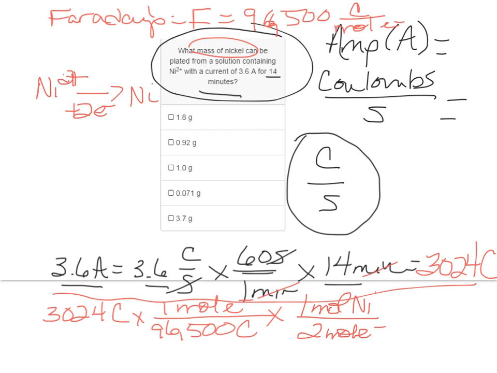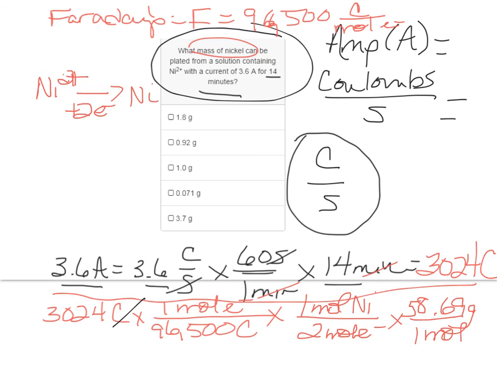All right, and so at this point, if you calculated, you would have moles of nickel, but we need grams of nickel, so you need the molar mass of nickel, and you'll have your periodic table, so that is 58.69 grams in 1 mole of nickel.